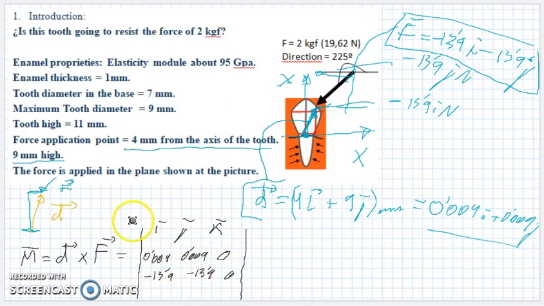This is what we have to do. If you remember, we are going to add once again these lines i, j, k, and 0.004, 0.009, 0. Okay.